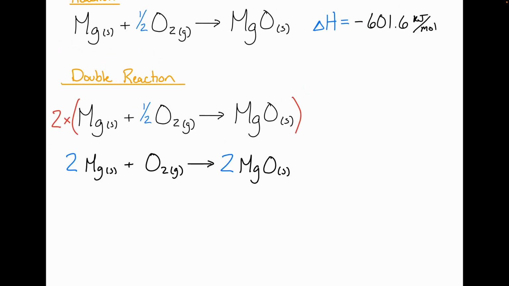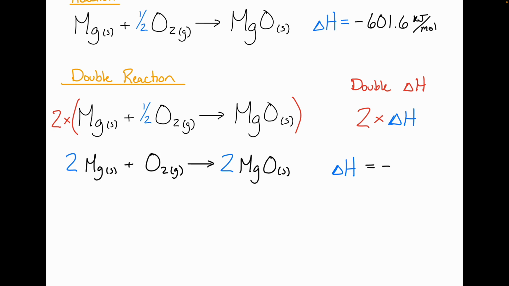So what do we think is going to happen to the delta H of this reaction if we double our entire chemical equation? We're going to double it. All right, so if we double our reaction, we're also going to double our delta H. I'm going to take that delta H value of my original reaction and I'm going to multiply it by 2. So now we have a new delta H of this reaction, which is what? 1203.2.